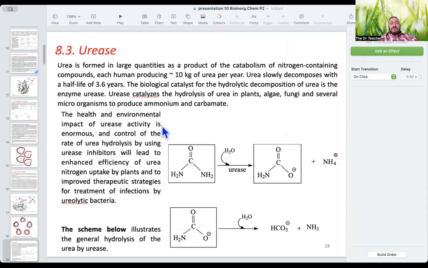Now, this is my research, which depends on this enzyme, urease. Urea is formed in large quantities as a product of the catabolism of nitrogen-containing compounds. Each human produces about 10 kg of urea per year.